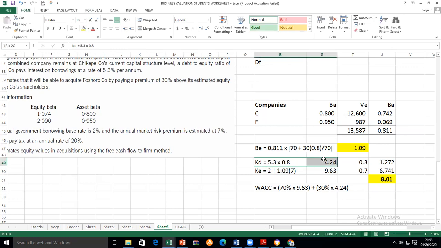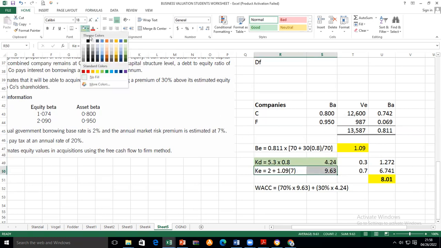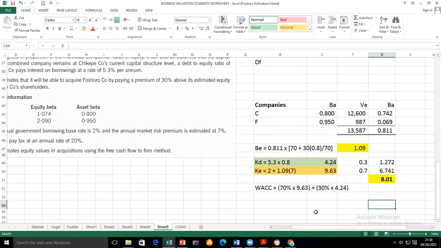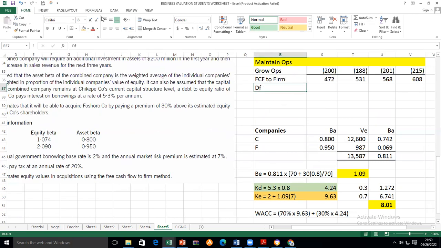So you've got your costs here. You've got the other one here. So that's a small number, 8%.